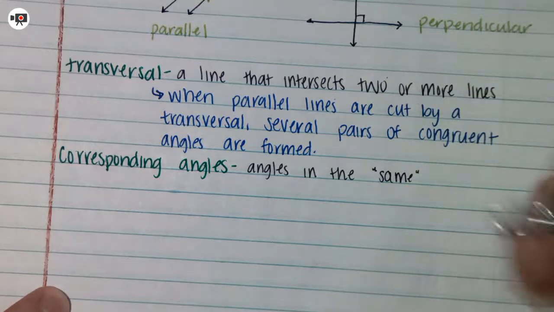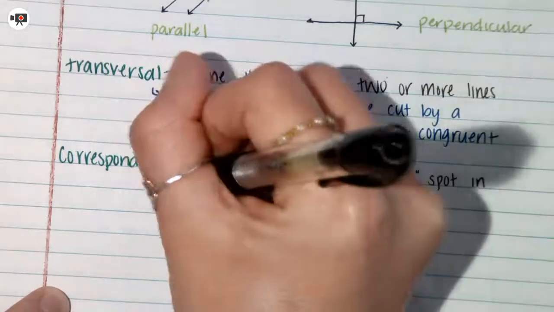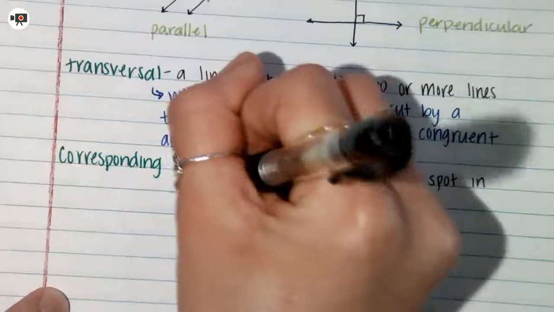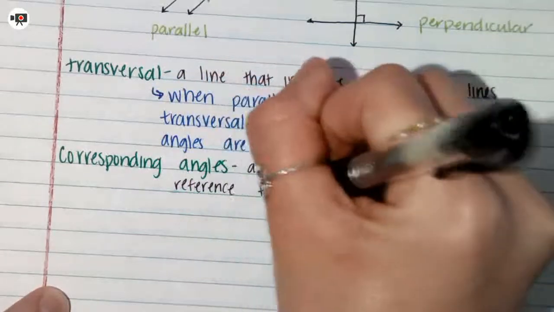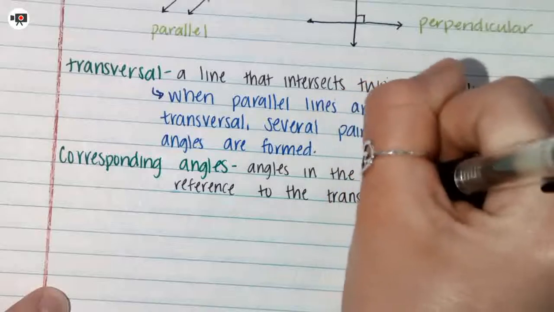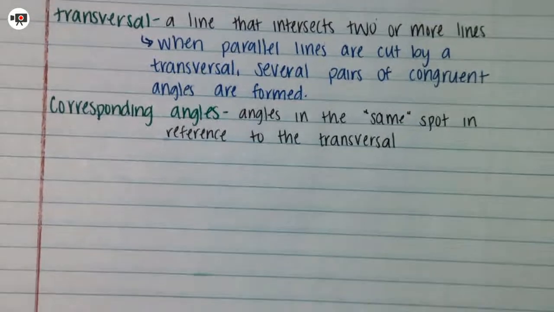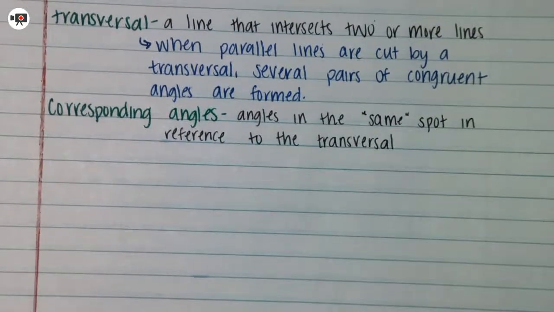So they look like they're in the same spot in reference to the transversal. So let's look at what this could be.